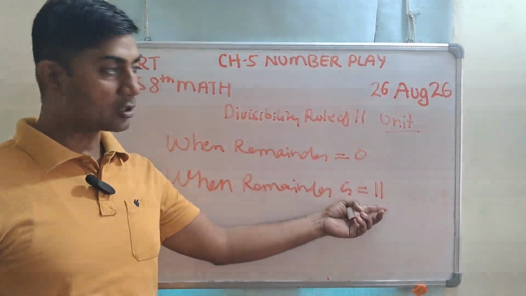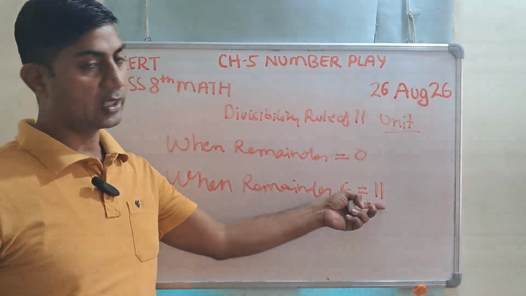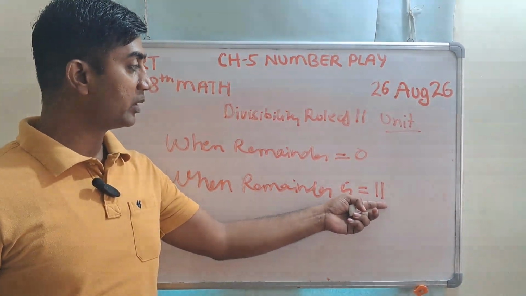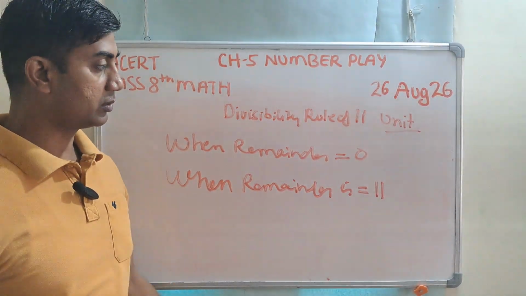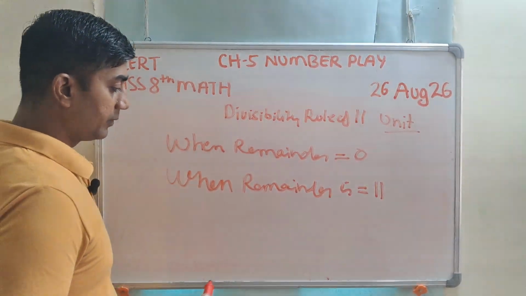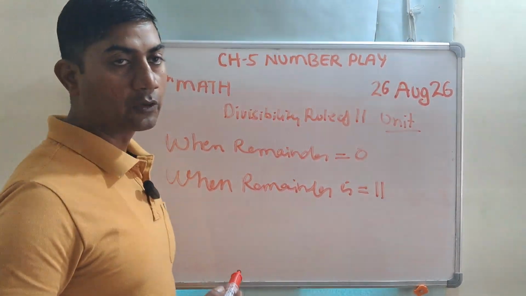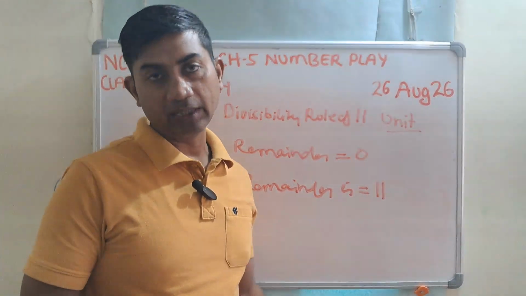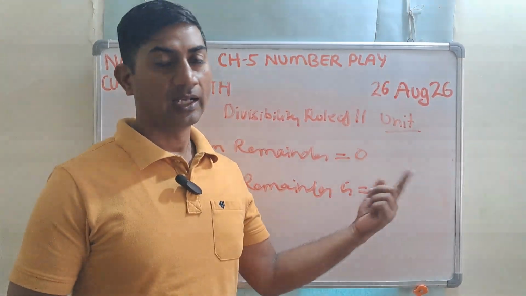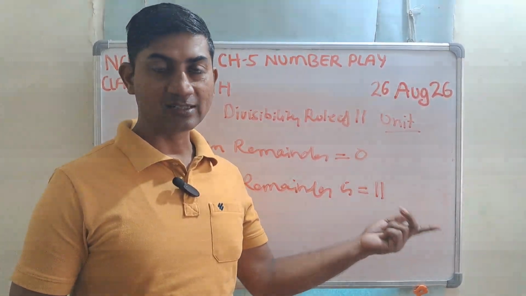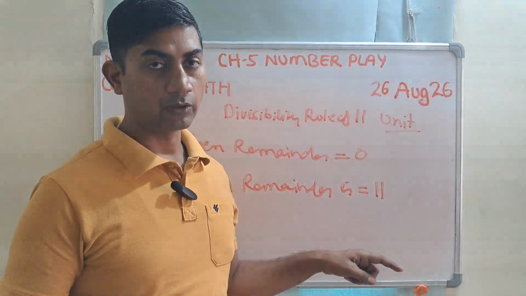In that case also your given number is divisible by 11. Understood? We know that when your remainder is equal to the divisor, that means that number is divisible by that particular divisor, and when your remainder is 0, it also means that number is divisible by that particular divisor.